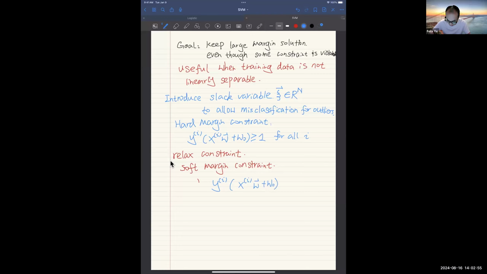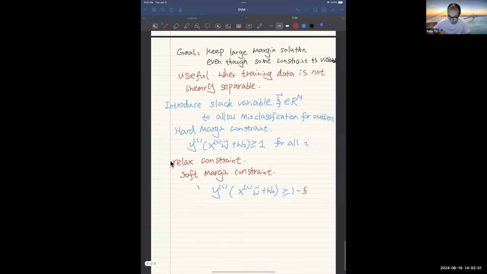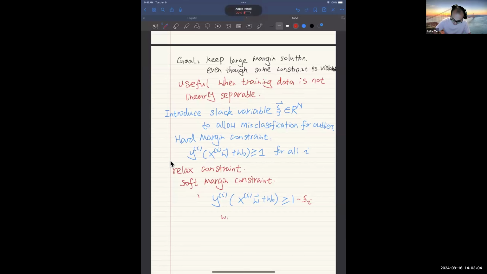So this is bigger or equal than 1, but I'm going to subtract xi_i right here, with xi_i bigger or equal than 0. So we introduce a new quantity xi_i, and with some xi_i bigger than 0, it can allow my data x_i and y_i to violate the hard margin constraint.